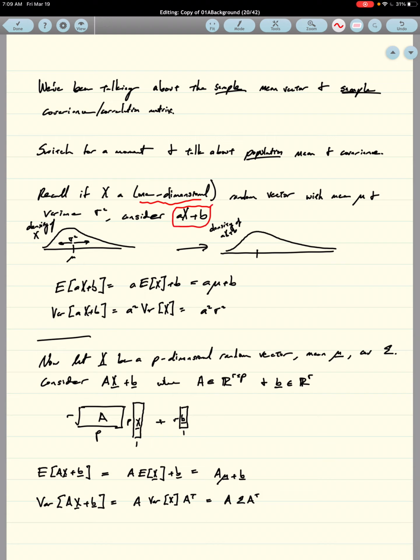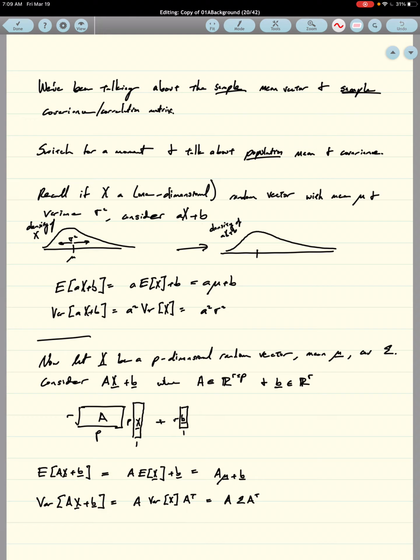the new random variable aX plus b. So we have a random variable X. It has mean mu. It has variance sigma squared. And we're going to create a new random variable by taking that old random variable, multiplying it by a, and adding on a constant b.